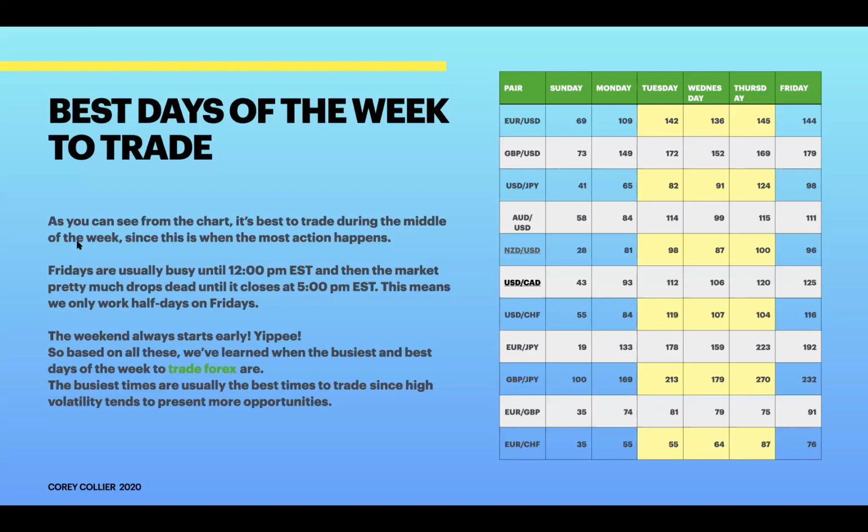If each session you catch, let's say, 30 pips, multiply that by 7, that's 210 pips. If you were trading EUR/USD at a full standard lot and you caught 210 pips for that whole week, that's $2,100.